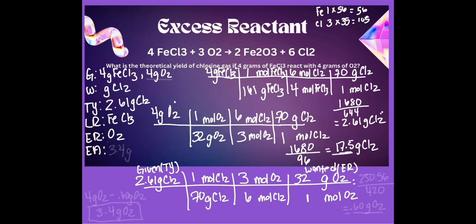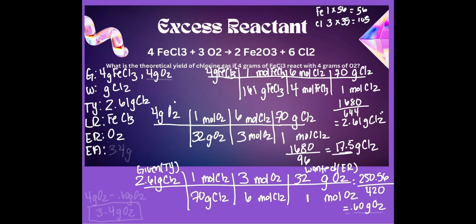Now I'm going to do the math. I'm now going to multiply my numerator. In my numerator, I got 2.61 times 1 times 3 times 32, and I get 250.56. Then in my denominator, I get 70 times 6, which is 420. And when I divide 250.56 by 420, I get 0.59, but I'm going to go ahead and round this to 0.60 grams of O2.